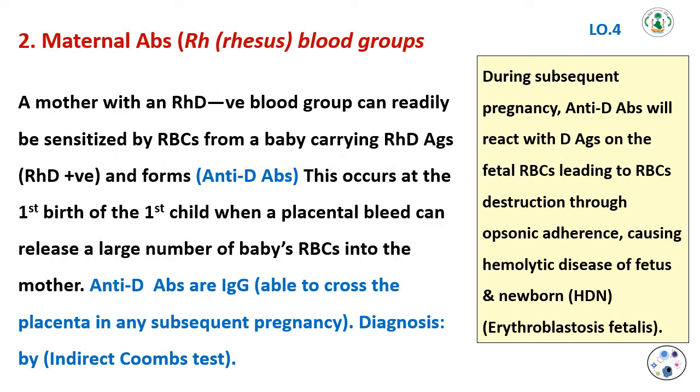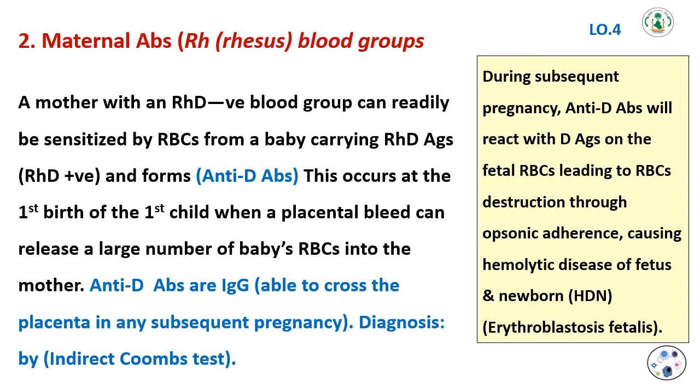Maternal antibody. In maternal antibody, the Rh blood groups: a mother with an RhD negative blood group can readily be sensitized by RBCs from a baby carrying the RhD antigen, Rh positive, and form anti-D antibodies.